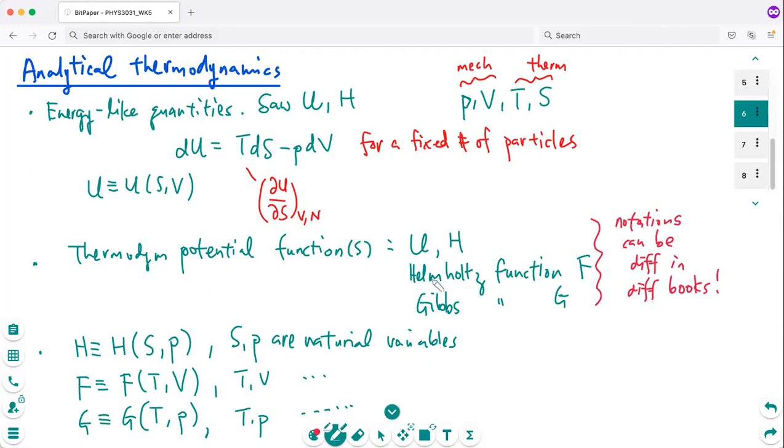Okay, so this is one. And the other thing to keep in mind is all these energy-like quantities, you haven't seen the precise form, but all these are functions of state. They are all functions of state.